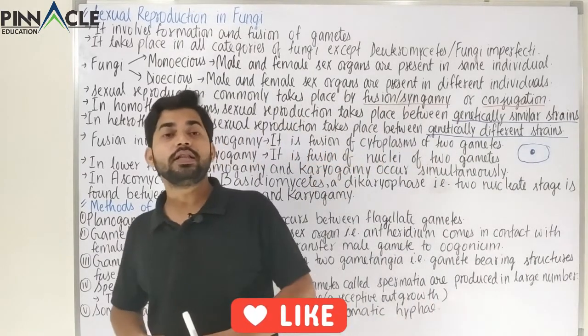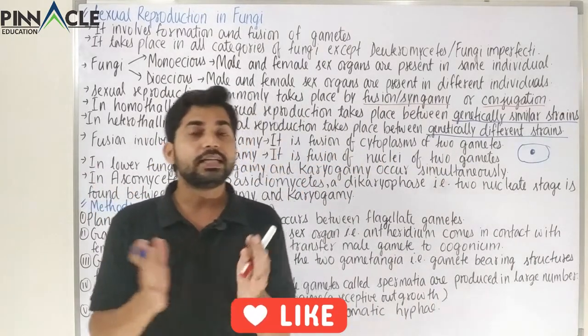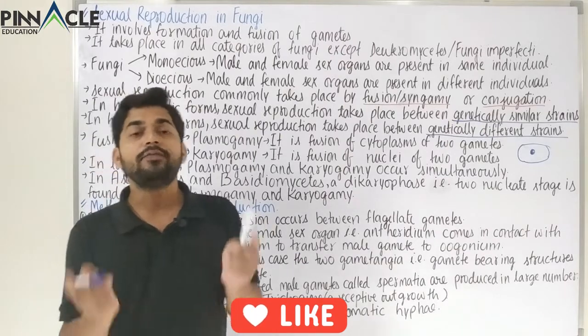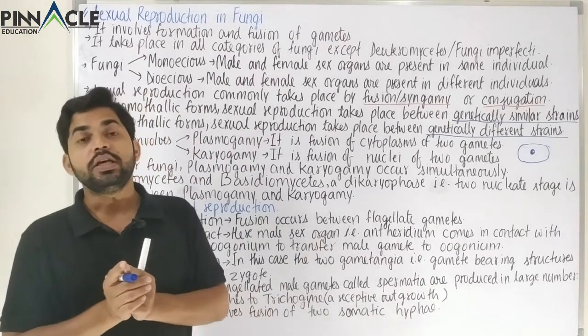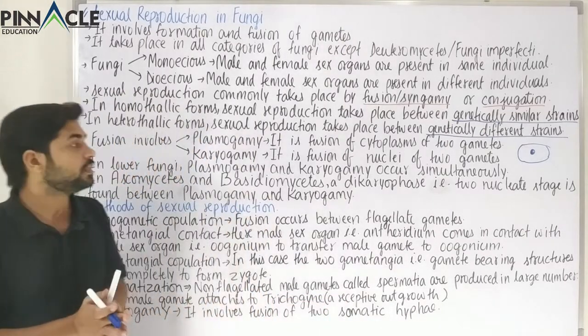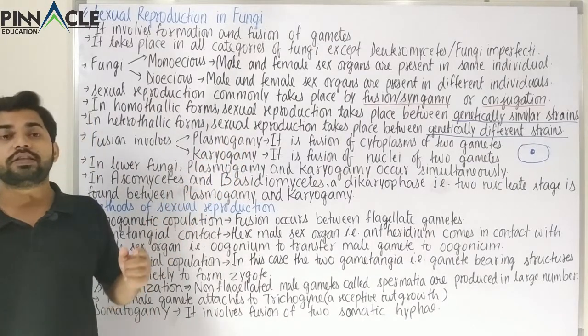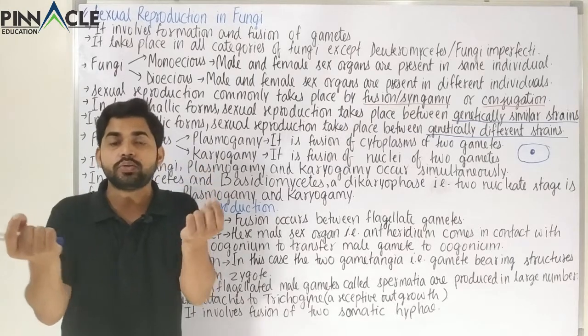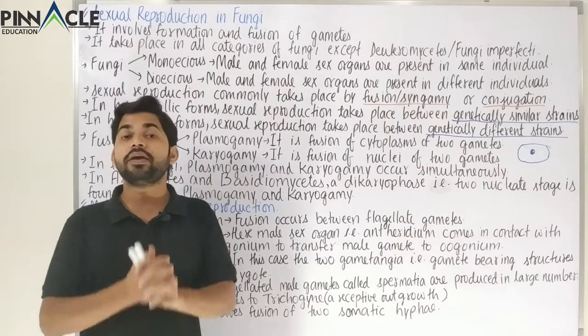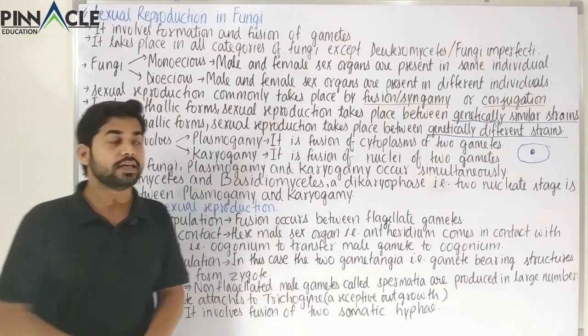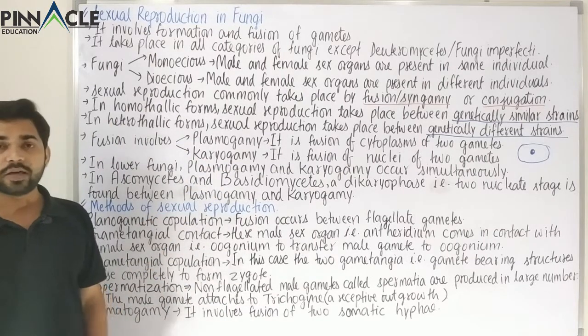First of all, the two cells fused, their cytoplasm fused, and after that their nuclei fused. The cytoplasm fusion is called plasmogamy, and the fusion of the two nuclei of those two cells into one single nucleus is called karyogamy.